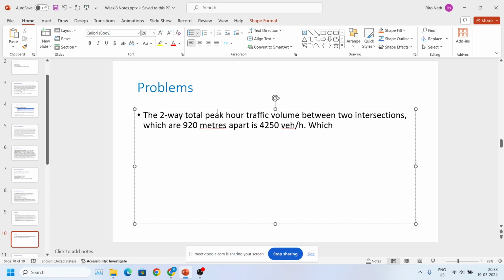Which of the following statements is true?